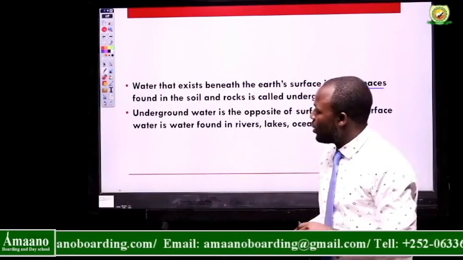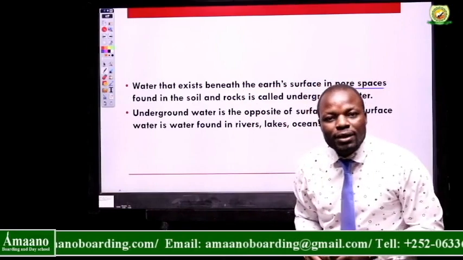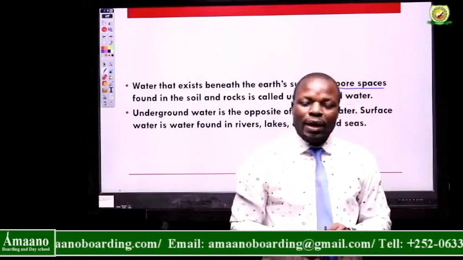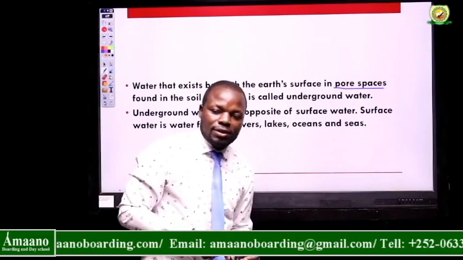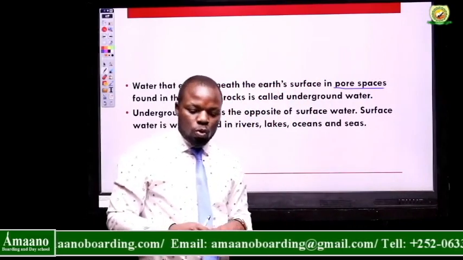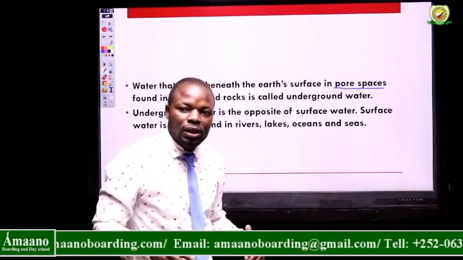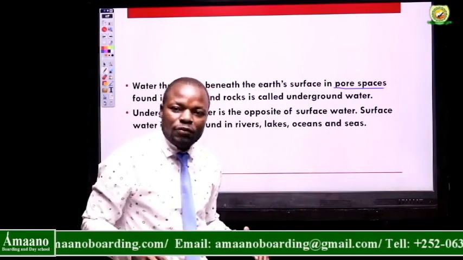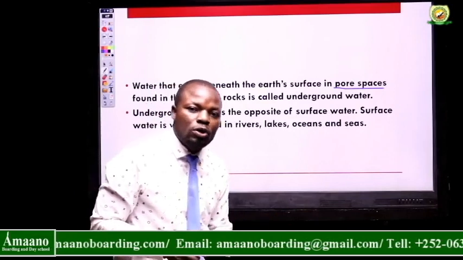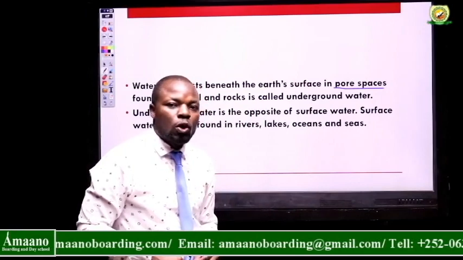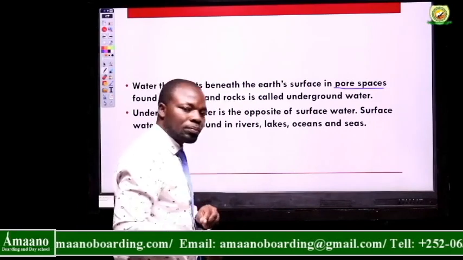So students, the meaning of underground water is just water that is found beneath the Earth's surface. The Earth's surface is where we can observe, we can see, we can even step on. Water that's found beneath the Earth's surface is what we call underground water.